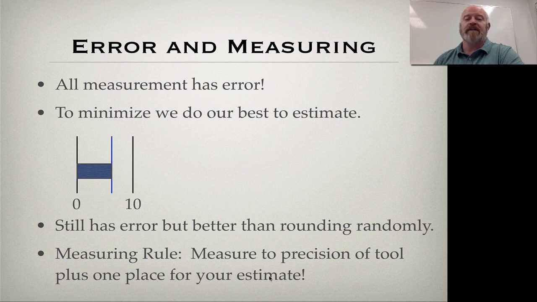Which means if you think that a length or a volume or a temperature lands exactly on a numerical value, you estimate a 0.0. If your measurement lands exactly on a line or exactly on one of our divisions, you would estimate a 0. So in this case, if you thought it hit exactly 10, it'd be 10.0 to make that measurement. But you always want to include that estimate when you're measuring.